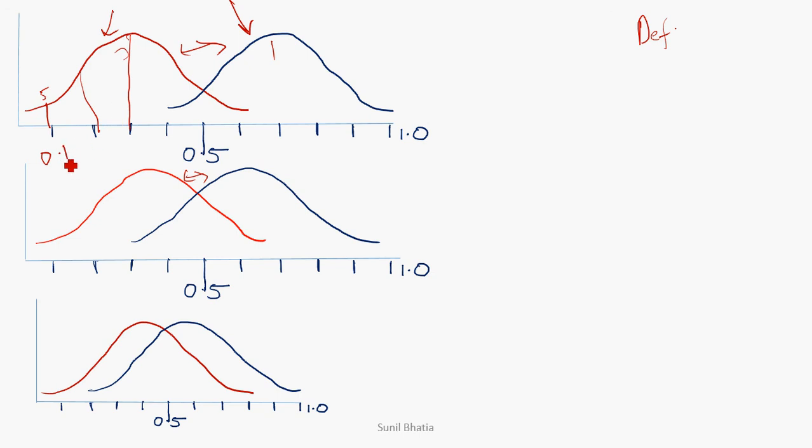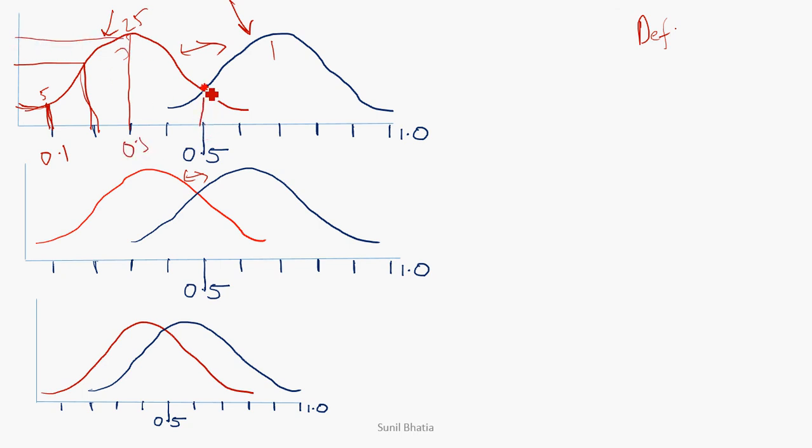What this model says is that there are 5 people having 0.1 probability, and the model says they will not default. Similarly, at 0.2 probability, there are 15 people which the model says will not default. Similarly, 25 people with 0.3 probability, the model says they will not default.